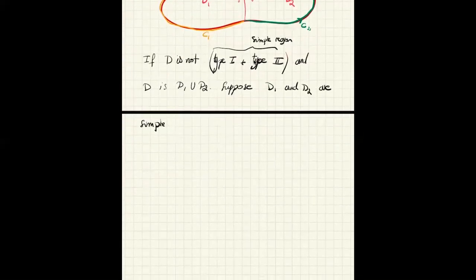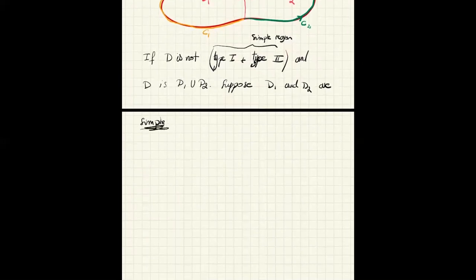So here's the thing, we're going to prove the theorem for simple regions, which are both type 1 and type 2 simultaneously. It's also true for other kinds of regions, but this is what we can do for this course. Even with this very limited proof, it already applies to a lot of other regions.